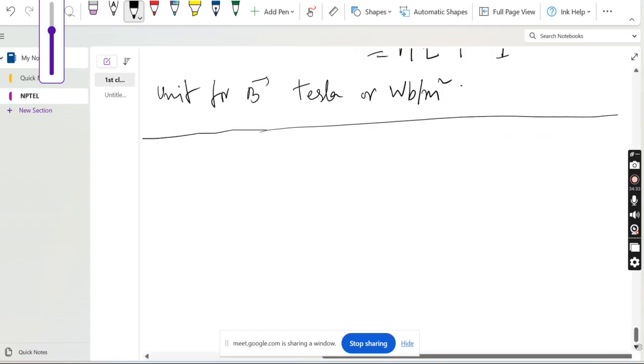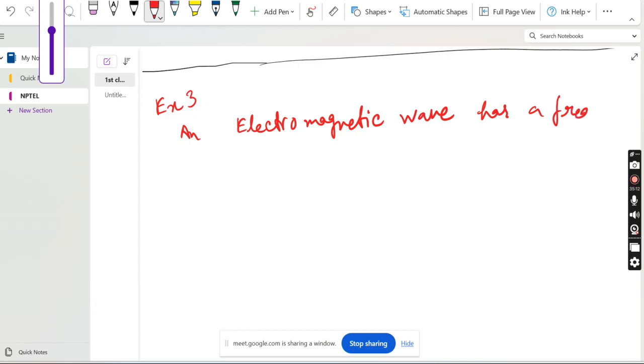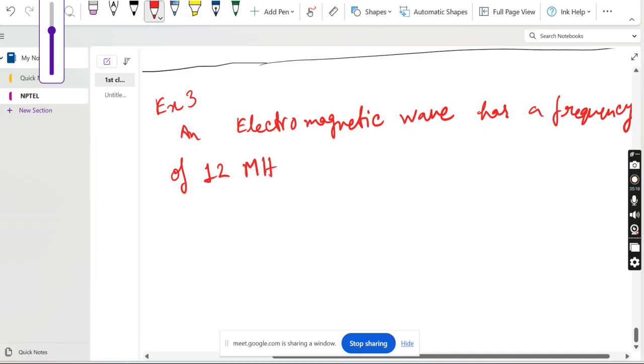Let's continue with the examples. Example 3. An electromagnetic wave has a frequency of some gigahertz.